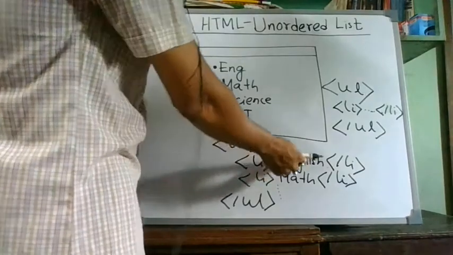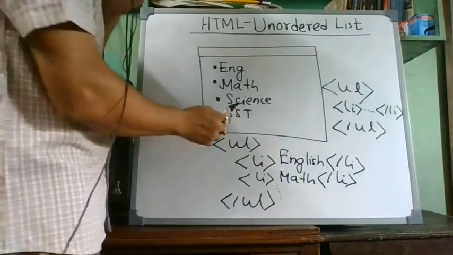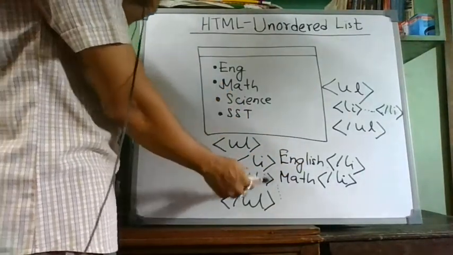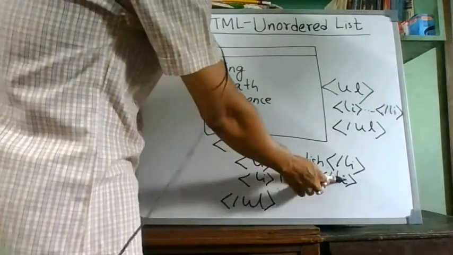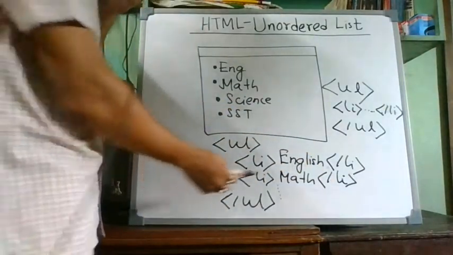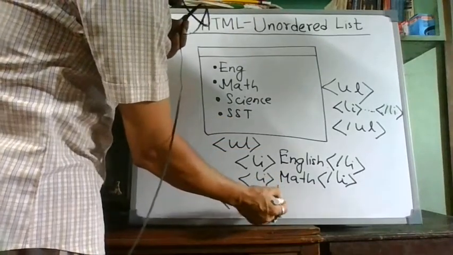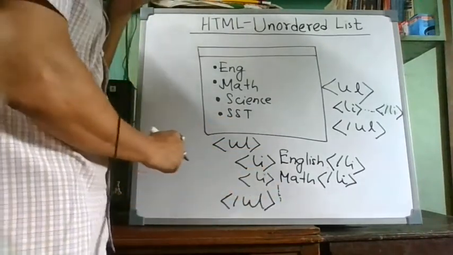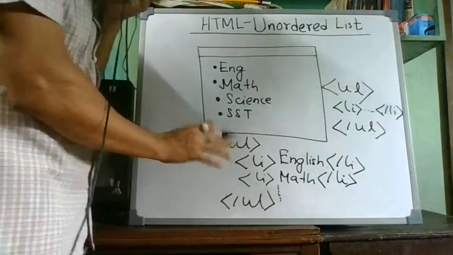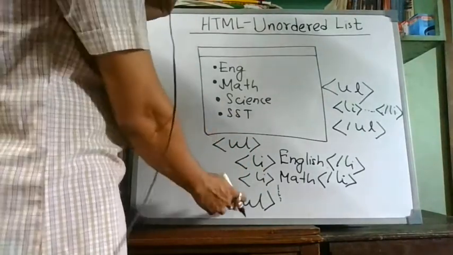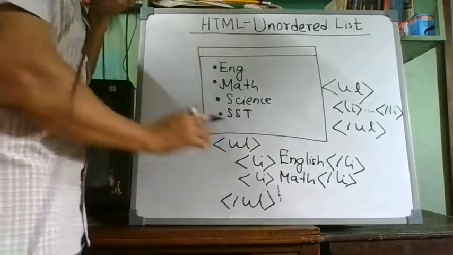We have mentioned English. After that, the second item, math. So with the help of starting and ending li tags, we have mentioned math. Like this, you can add as many items as you want. If your list is finished, then you can give the ending UL tag.